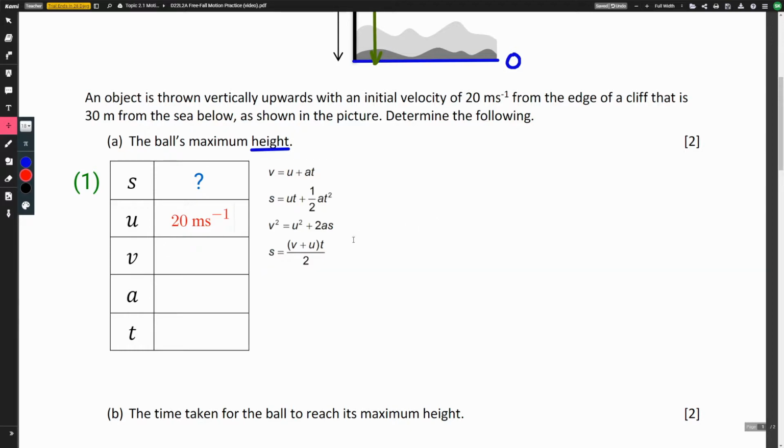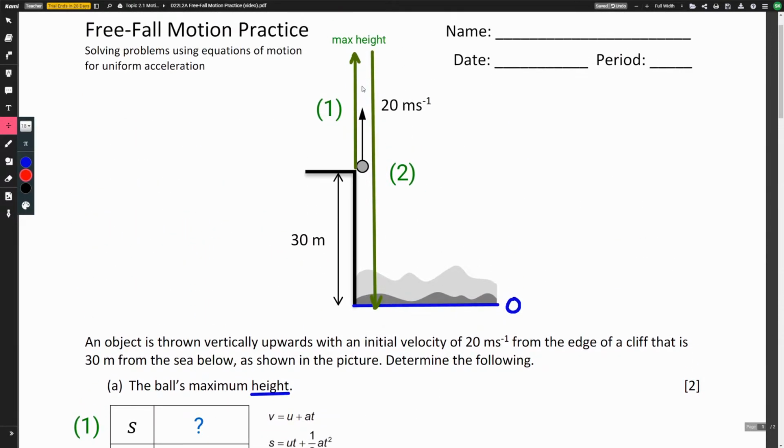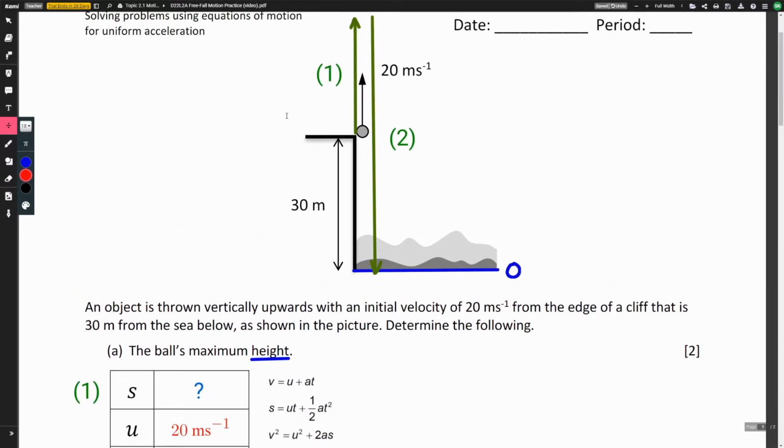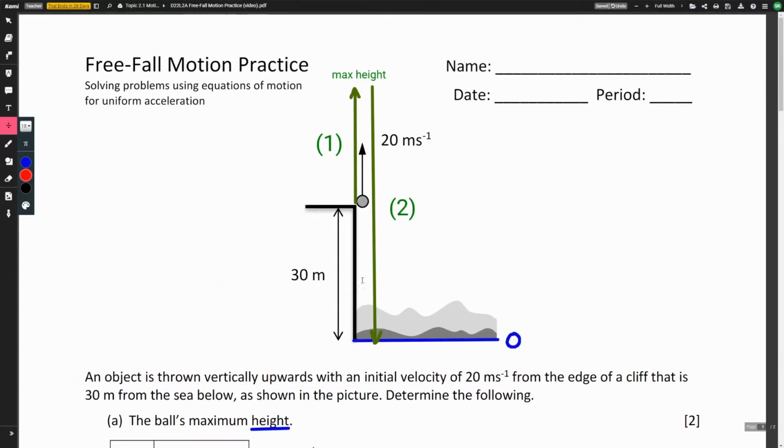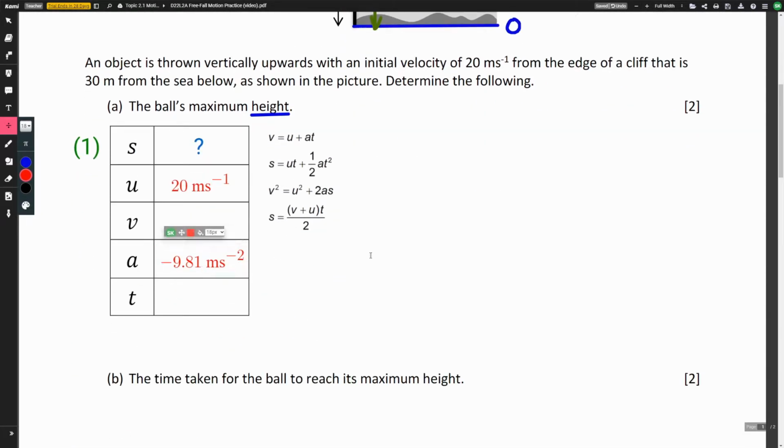But we actually know more than we think, because the object is in free fall. It's been projected upwards, so the acceleration is the acceleration of gravity. That was actually hidden; nowhere did it tell us that. We just know that when an object is flying through the air, that's its acceleration.